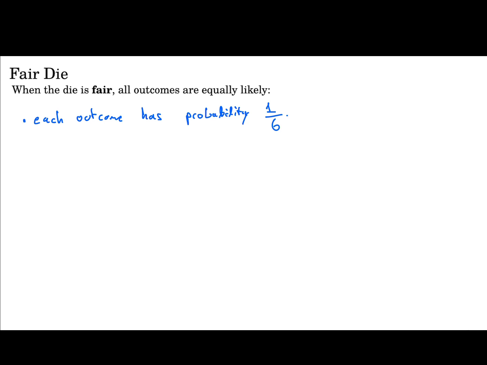There are 6 outcomes, so the chance of getting any of them will be 1 in 6. And what we are interested in is the set, or the event, {2, 4, 6}.